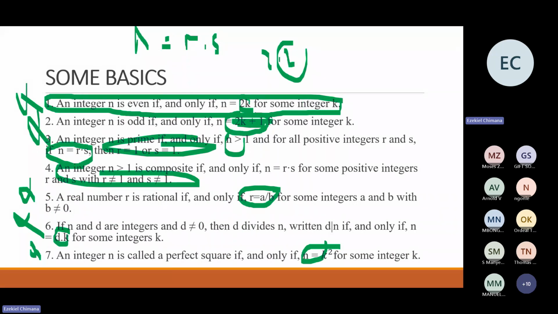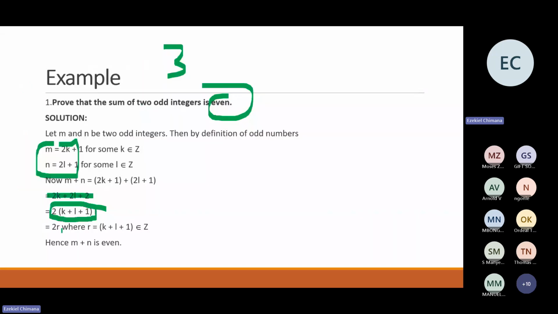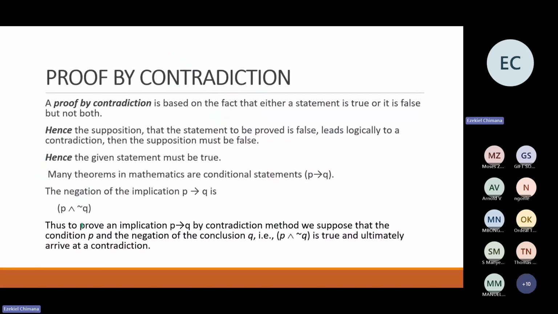So anything multiplied by 2 is always going to give us an even number. You can take this one as your r here, so you have 2r where r is equal to k plus l plus 1. Hence m plus n is even, since we know that any number multiplied by 2 is always even. So that's how you prove by using the direct proof.